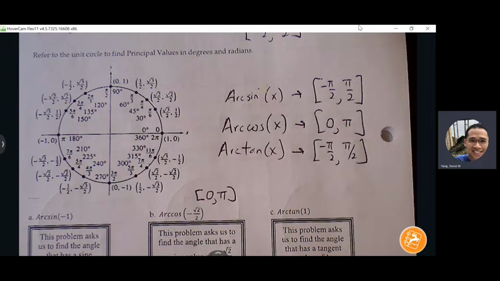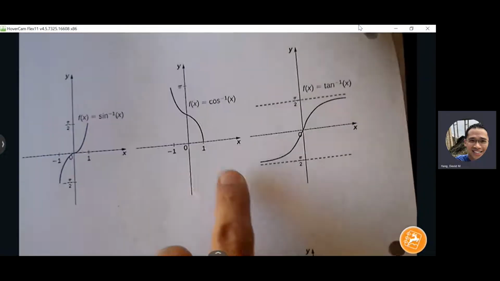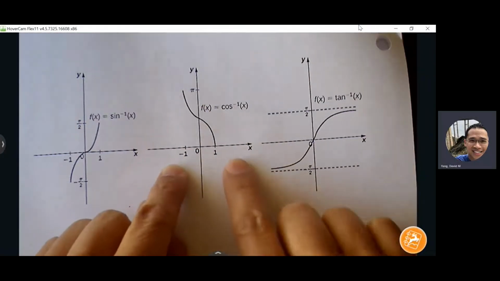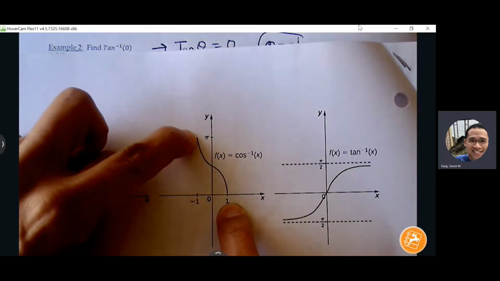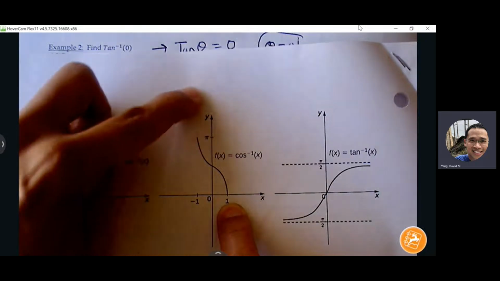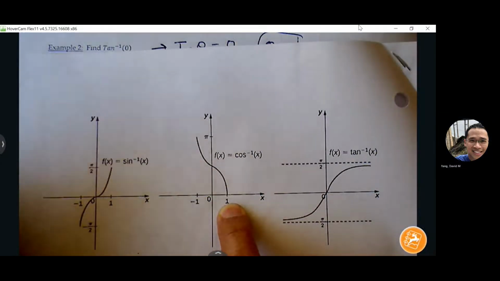It will start failing the vertical line test. So if you look at the last page of that handout, your cosine is only going to go from 0 to pi, because if it extends past pi, then it'll start backtracking and it'll start failing the vertical line test.